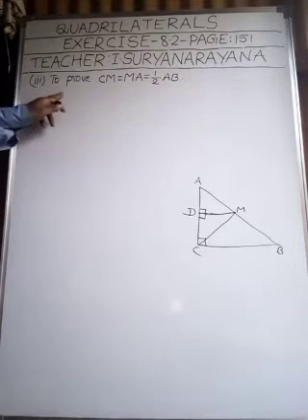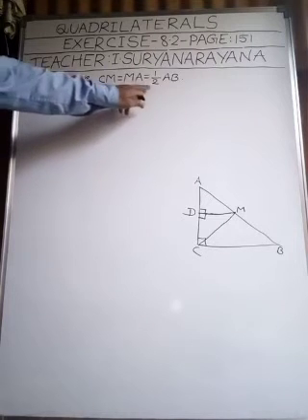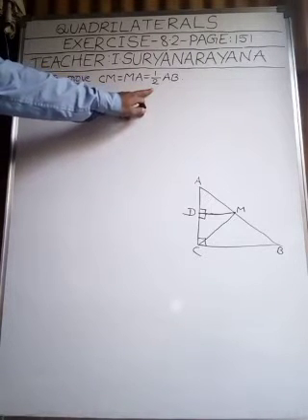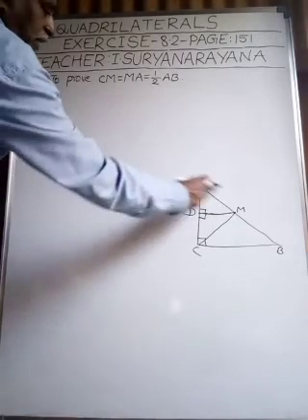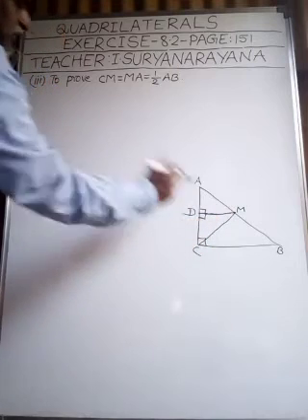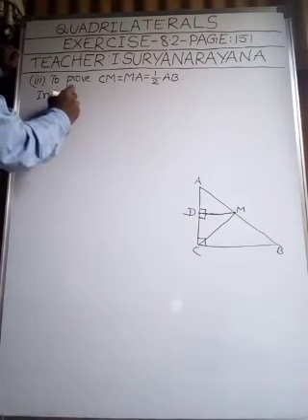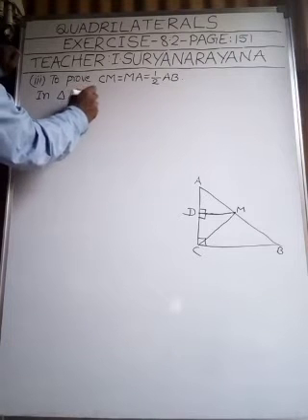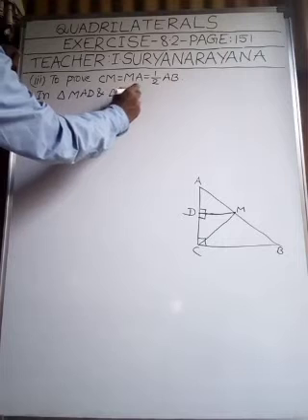Now come to the third part of the question. We have to prove that CM is equal to MA, which is equal to half of AB. To prove this, let us take these two right angle triangles, triangle MAD and triangle MCD.